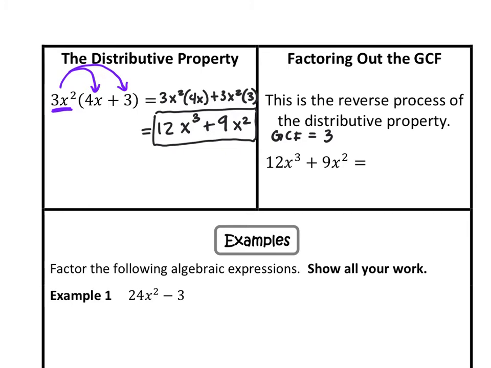I'm also looking for how many x's they have in common. This one has 3 x's, x to the third. This one has 2 x's. So both of them have at least 2 x's in common, or x squared.